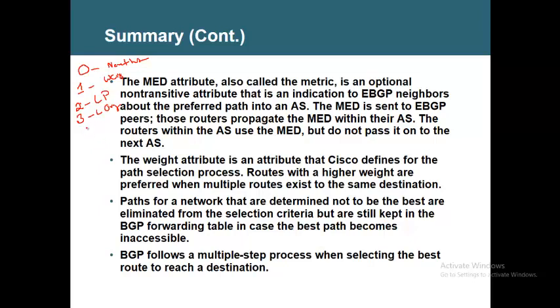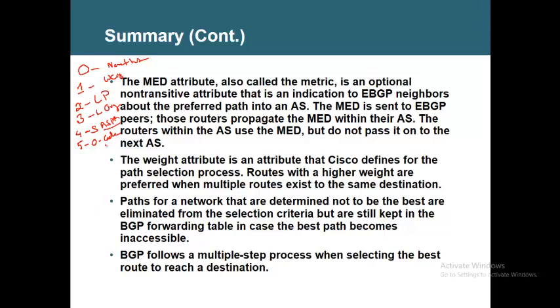If there is a tie in local origin, only then it will go to shortest AS path. If I write like this, is this okay? Shortest AS path. And if there is a tie in the shortest AS path, if both paths have the same number of hops, only then it goes to origin code. Origin code comes only here as the fifth attribute.